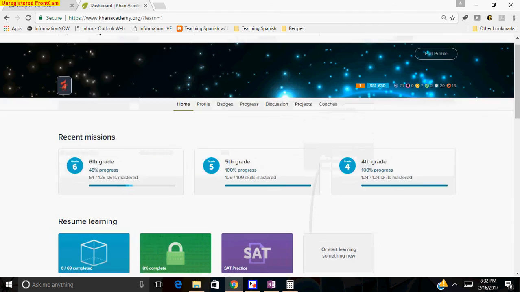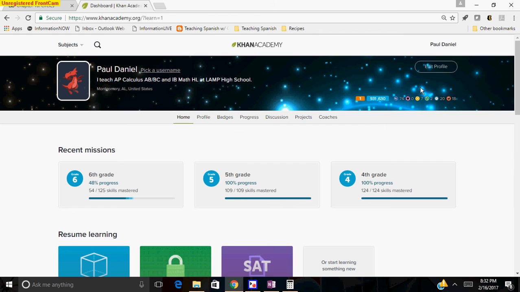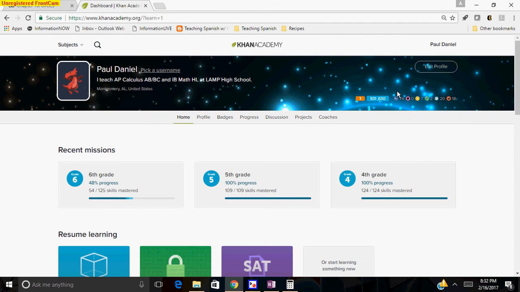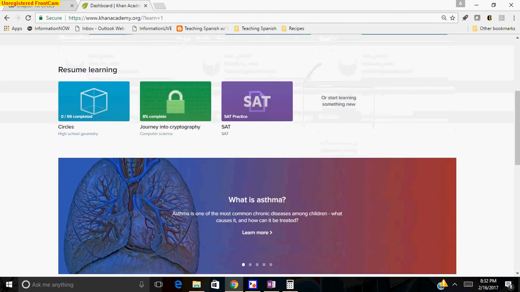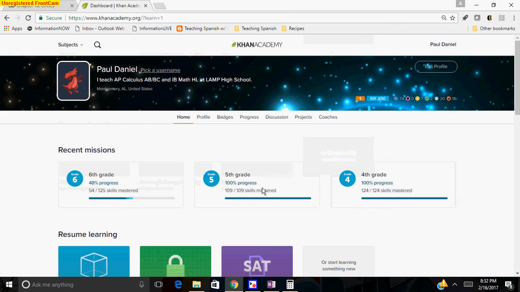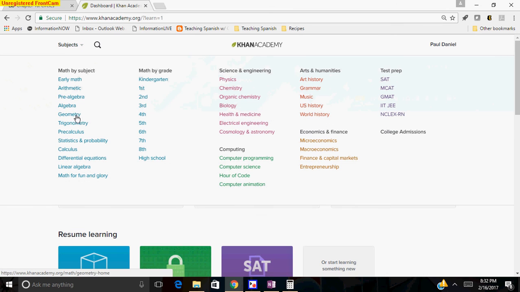So when you log in and you go to your learning home, which is where you will generally end up, you won't have this teacher dashboard like I do. One of the things you will have is missions that you can go to. So you can come over here to subjects, you can come to geometry, and you're going to actually have missions that you can go and work on. Okay, so when you click on this and it loads, you're going to be able to work through geometry things.